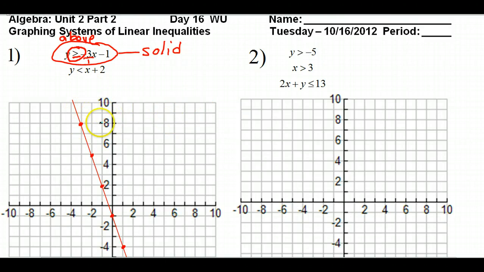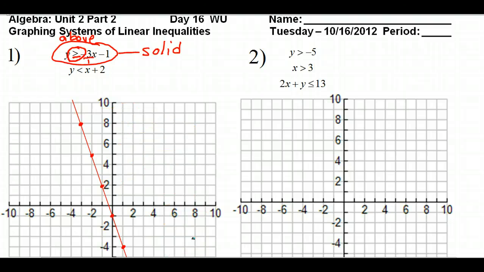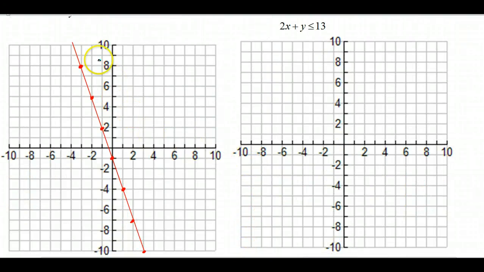But this time I do not want you to shade all over the place above the line because we have another line coming. So I want you just to put a tiny little bit of shading above the line like this. Okay, do this with me. This is the above side of the line.